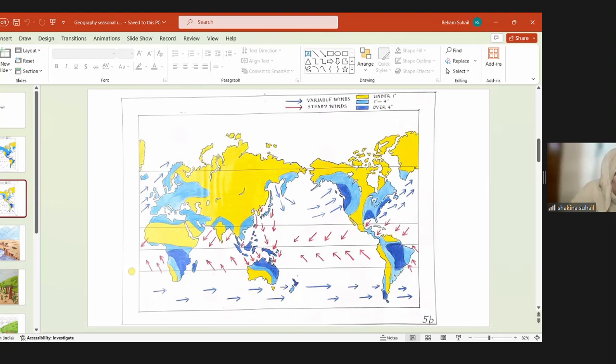Where is this hot air blowing from? From the sea into the land, if you can see. That's why I was pointing to the equator, and that's the whole of the sea, and it's moving into the land. And what happens when it meets the land?